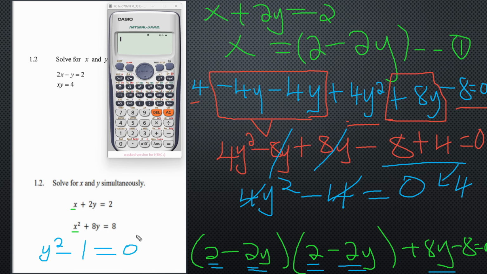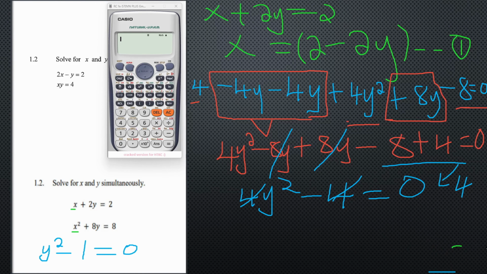Meaning that you can finalize your y1 and y2. So with that, I'm going to erase everything down here just for our board to look clean. And then I will definitely say that y squared is equals to 1.